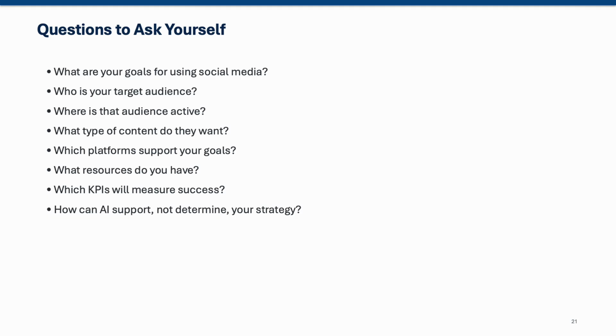What resources do you have? Which KPIs will tell you whether you've succeeded? And now we can add another question. How can AI support the strategy without determining it? If you can answer these questions clearly, you're much closer to having a genuinely strategic plan.